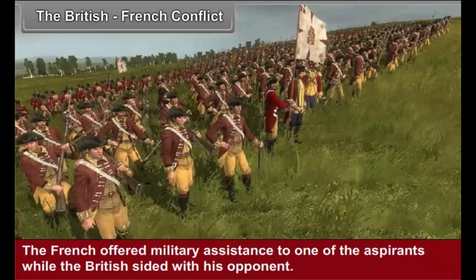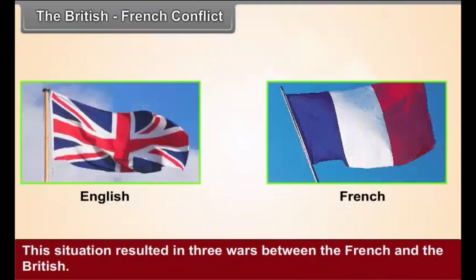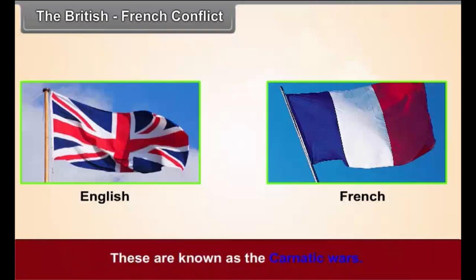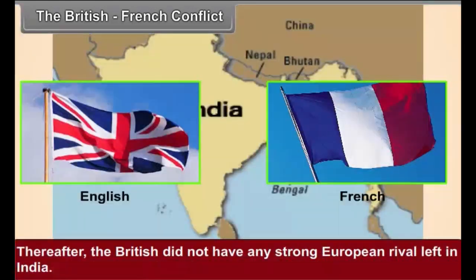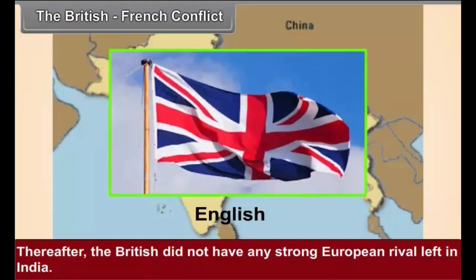The French offered military assistance to one of the aspirants, while the British sided with his opponent. This situation resulted in 3 wars between the French and the British. These are known as the Carnatic Wars. The British defeated the French in the Third War.